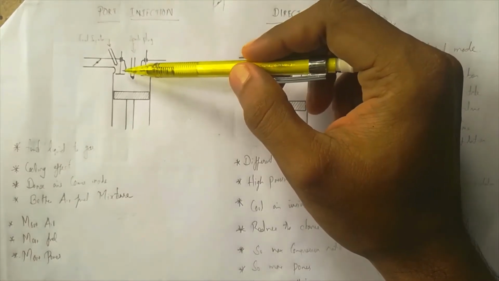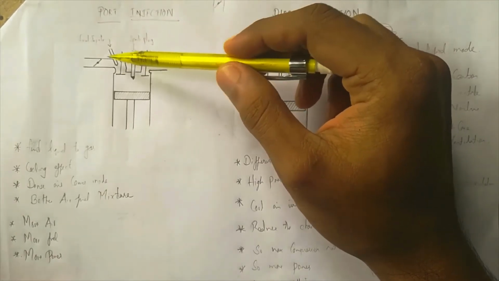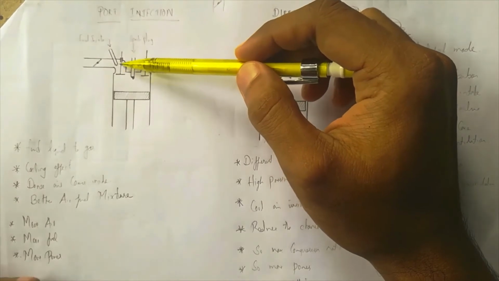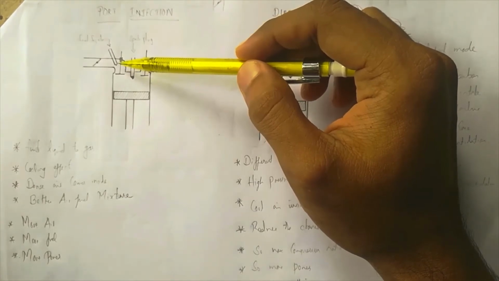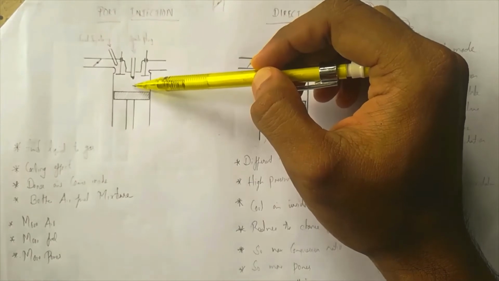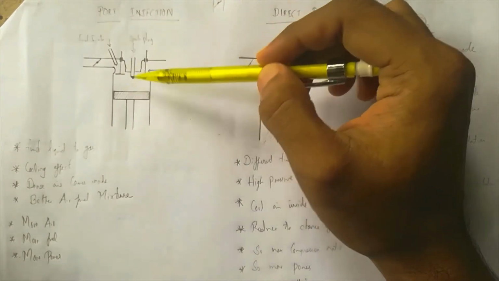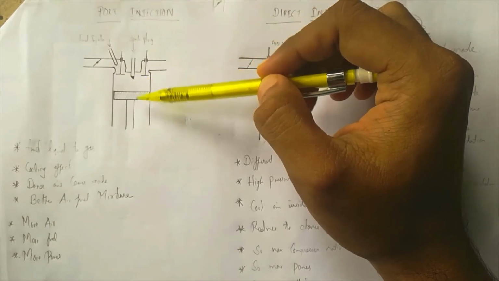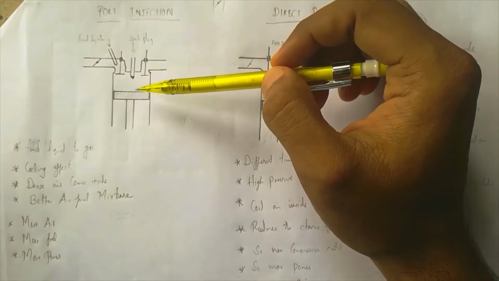The air is already there, so the air and fuel mixing happens from here itself. That air fuel mixture then comes into the combustion chamber in the suction stroke, so it gets more time to make a proper mixture. And in the compression stroke, the mixing also continues.